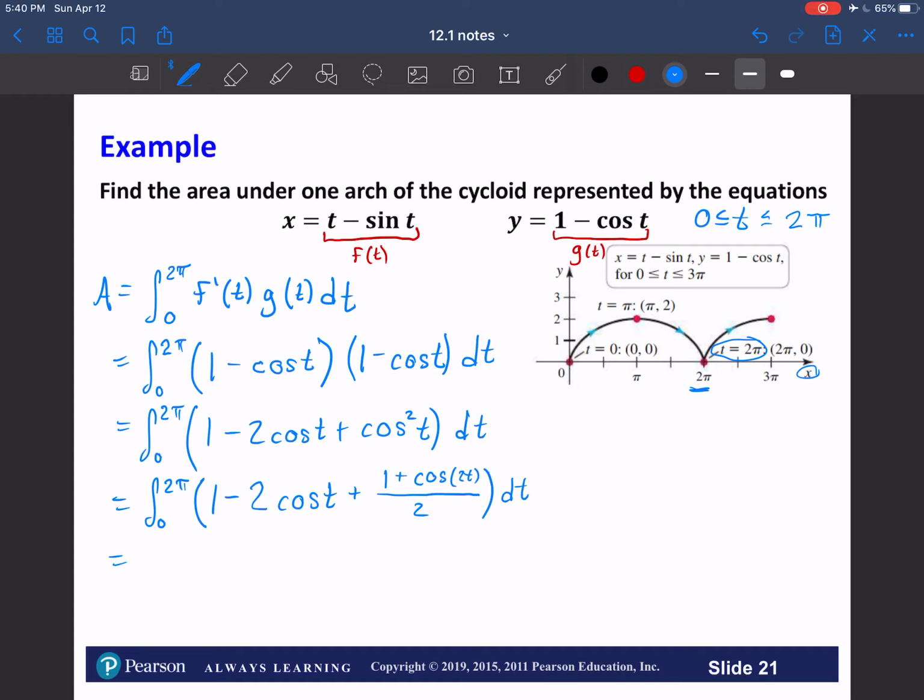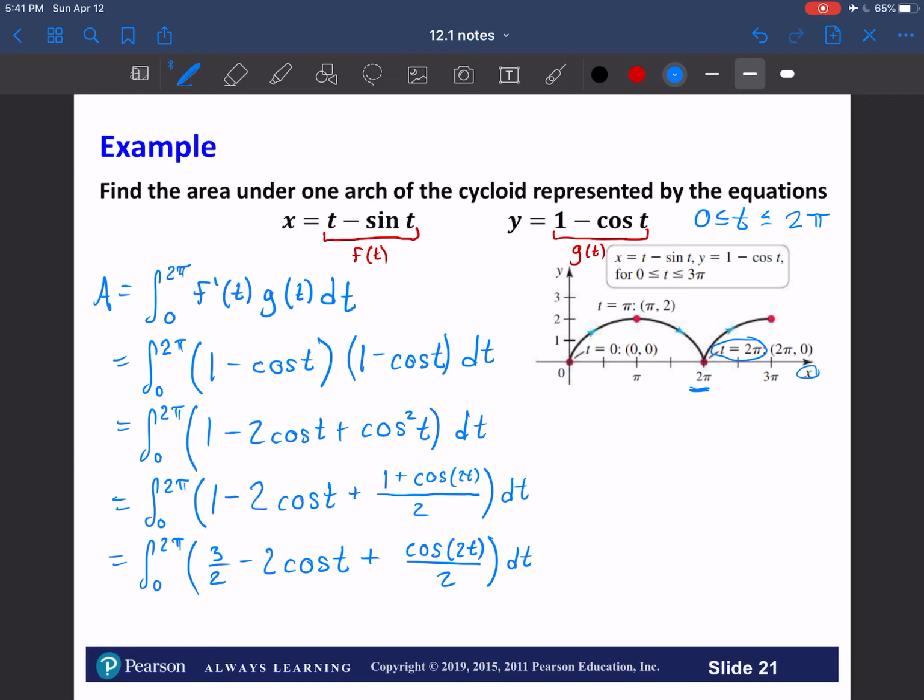We can break up that fraction into a 1/2 and a cosine of 2t over 2. This will give us the integral from 0 to 2 pi of, now 1 plus 1/2 is 3/2, minus 2 cosine of t plus cosine of 2t over 2, dt.